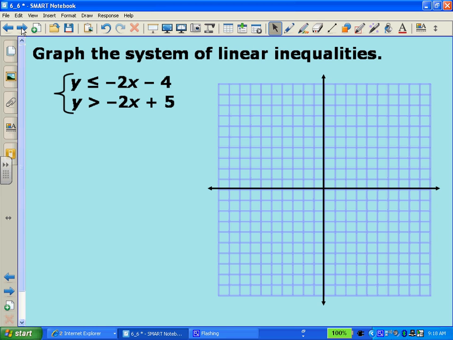So let's look at this first example. If we graph these, the first line has to start at -4, and it has a slope of -2, so it's going down 2/1 each time. And it's going to have a solid line because it's less than or equal to. So there's that line.